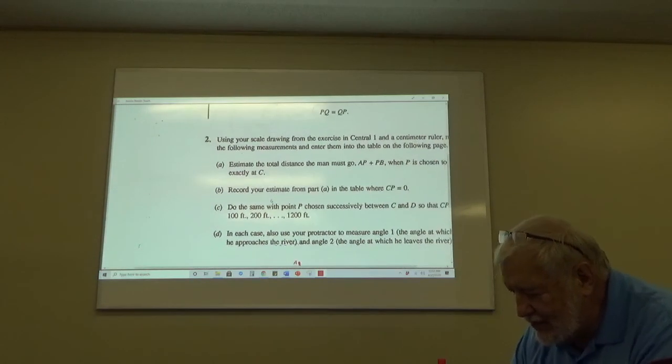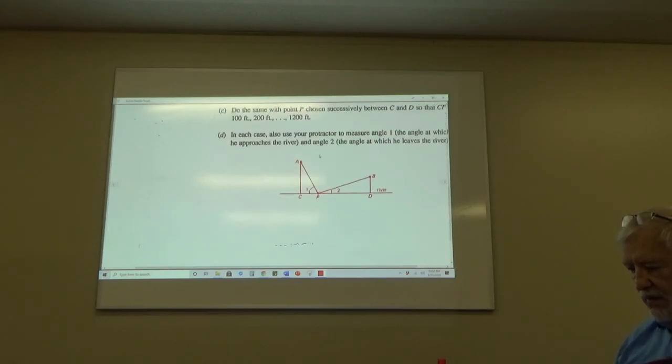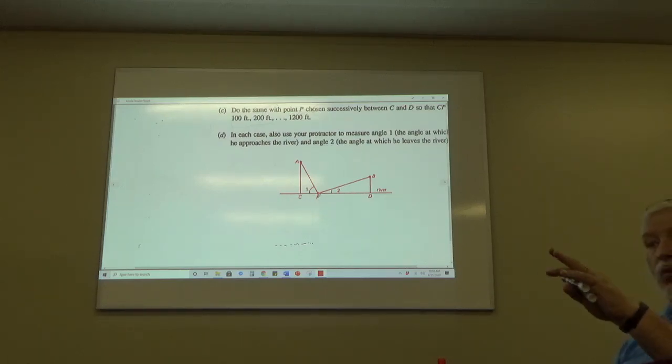You see that one, couldn't you? So notice C to P's here. All right, so when this is 100, if you use 1 centimeter as 100 feet, then this would be 1 centimeter apart, and you would measure from A to P, and then from P to B, and then multiply it by 100 to get the number of feet.